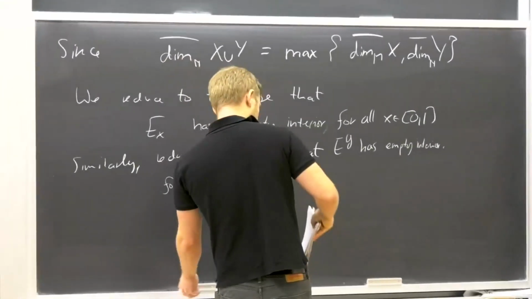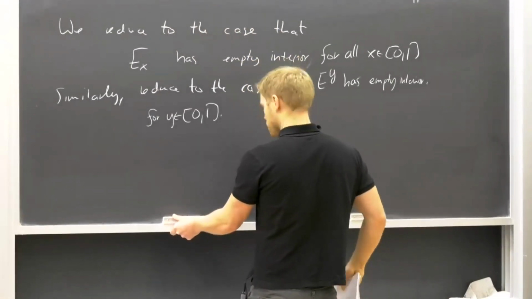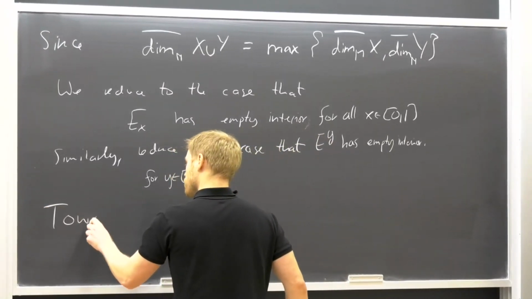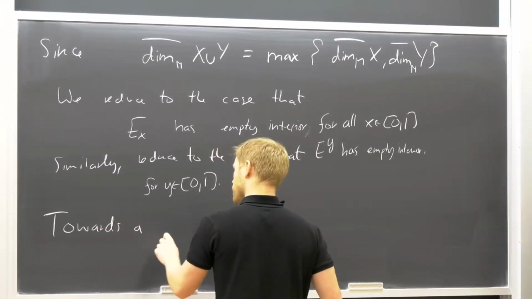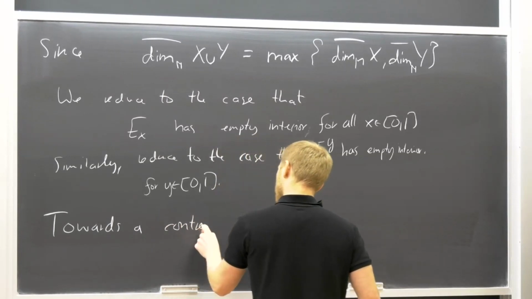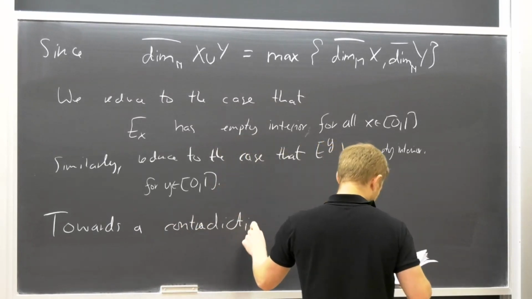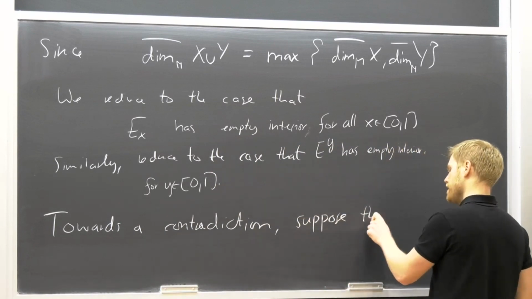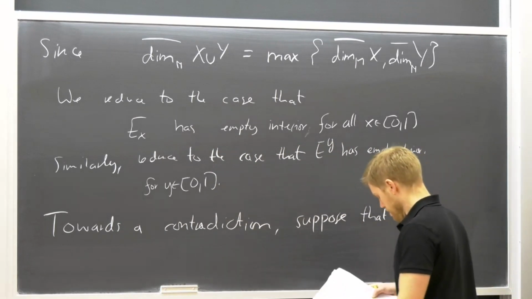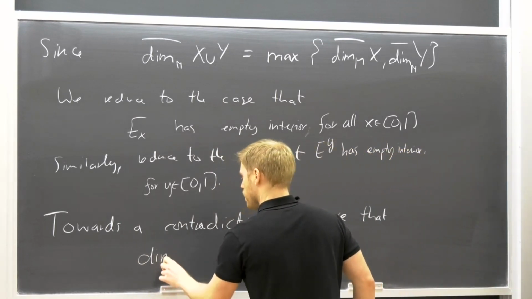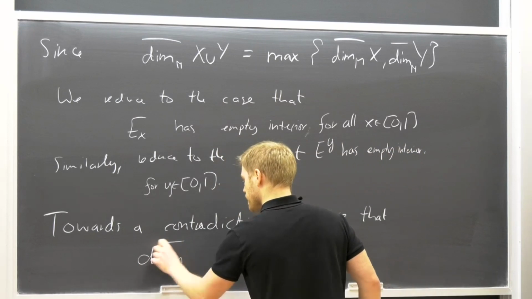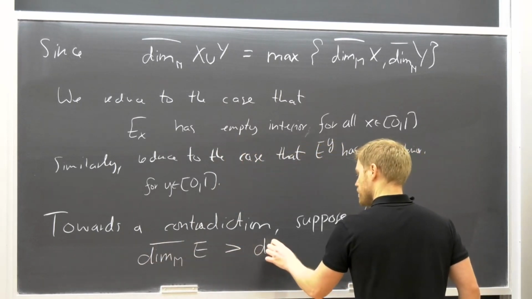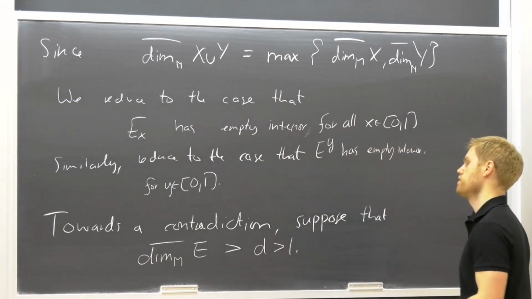Now let me write what I assume, since I want to find a contradiction. Towards a contradiction, suppose that the upper Minkowski dimension of E is not 1. So it's strictly larger than 1, let's call this D for dimension.